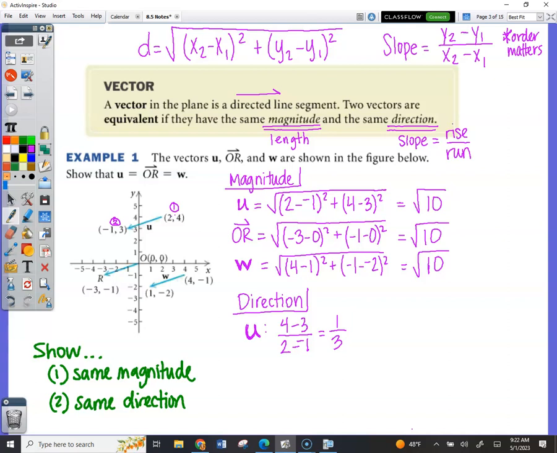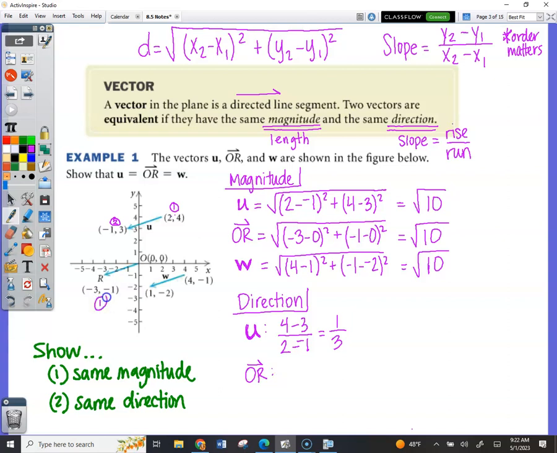Let's do the slope of OR. In this case, my original end is 0, 0, and the other end is both negative. So this is where you have that freedom of choice: you can subtract in the other direction as long as you do it with both of them.